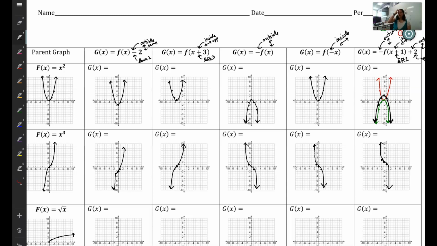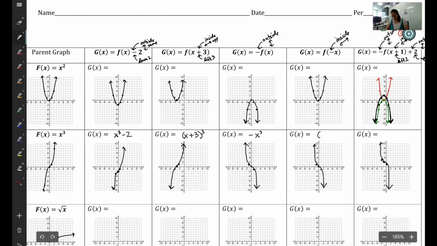And we're going to add another step onto this too. We now want to write the equation. So this equation will be x cubed minus 2. The negative 2 is on the outside. This one I want the plus 3 on the inside. So x plus 3 cubed. This one I want the negative on the outside.